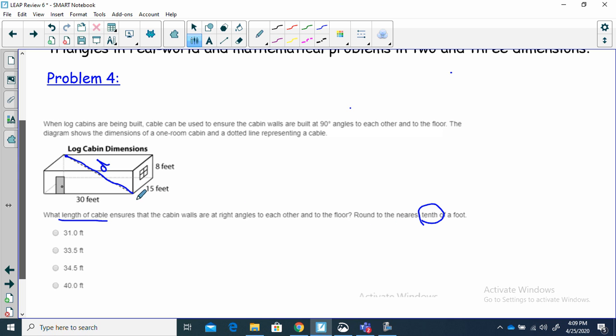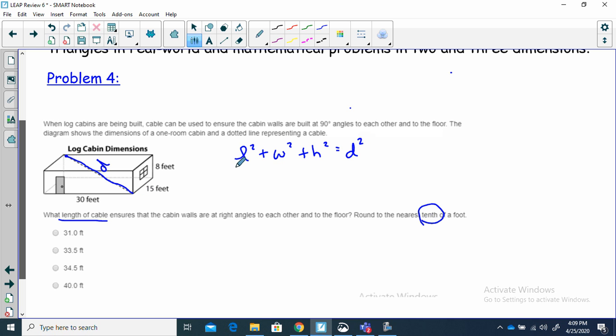Now, when we are dealing with a three-dimensional figure, a rectangular solid or a rectangular prism, it's like the Pythagorean theorem, but it's done this way. Length squared plus width squared plus height squared is equal to diagonal squared.